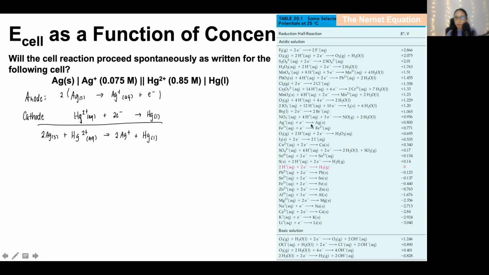So for silver, this is positive 0.800 volt. And for mercury, let's look for mercury. Is there mercury?